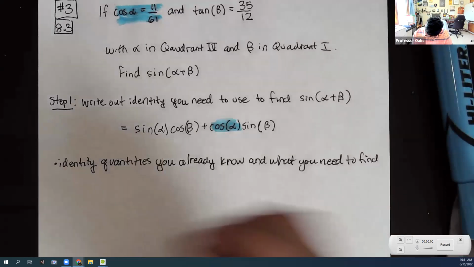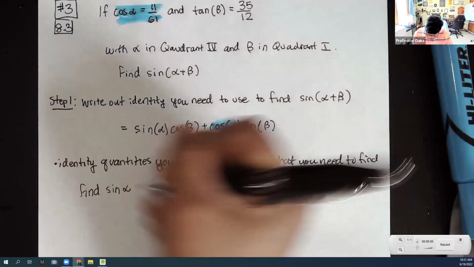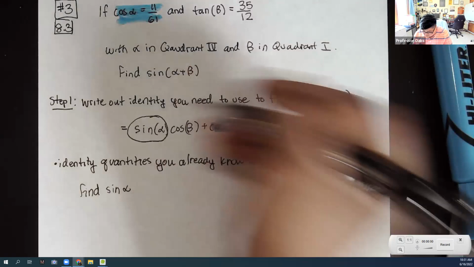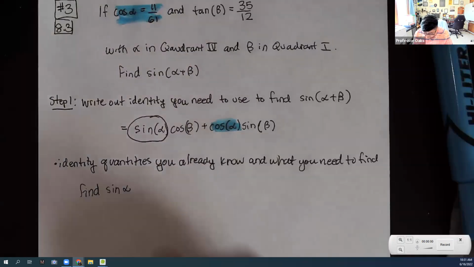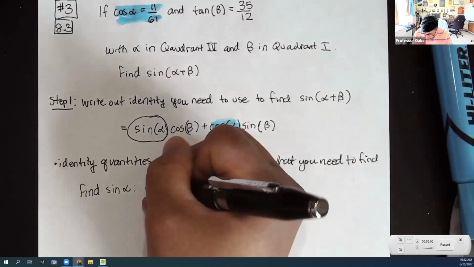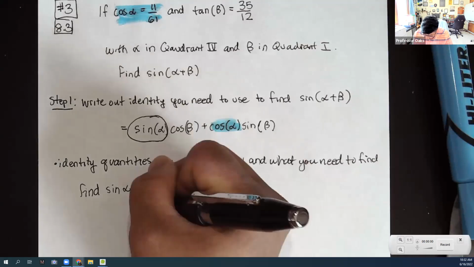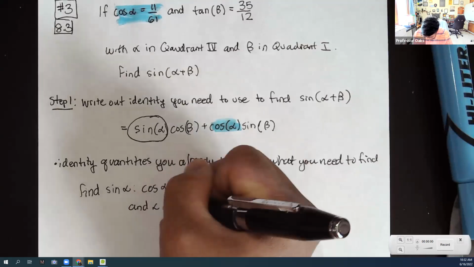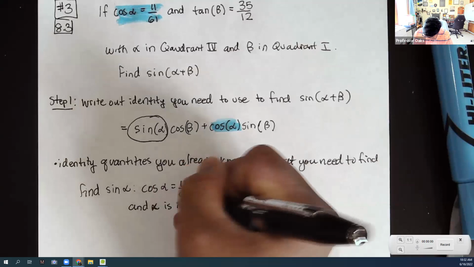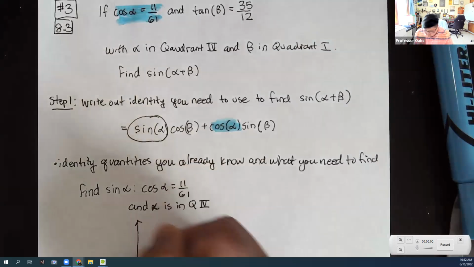So let's find the sine of alpha, this one right here. What we know about alpha is that cosine of alpha is 11 over 61, and alpha is in quadrant 4.